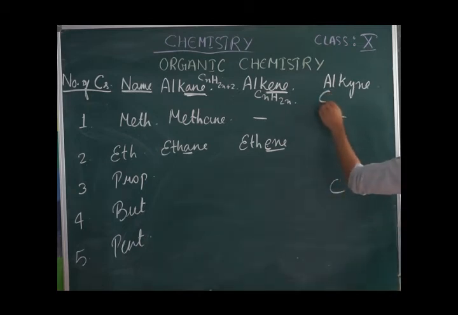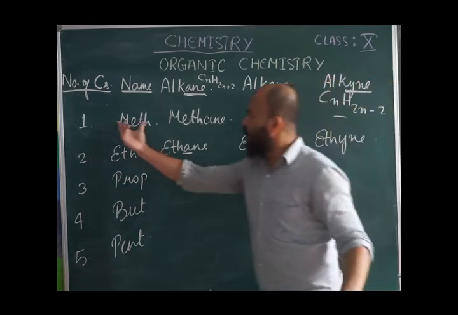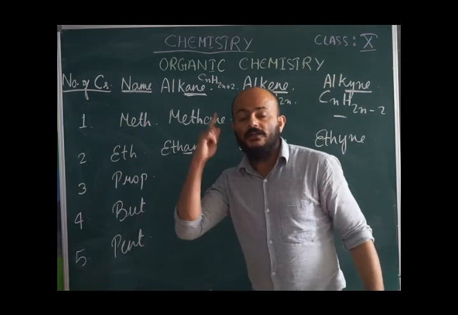Okay, and if it satisfies this general formula CnH2n-2, then its name would be, what is here? y-n-e. Very simple, ethyne. So you just have to remember this portion first and the general formula.